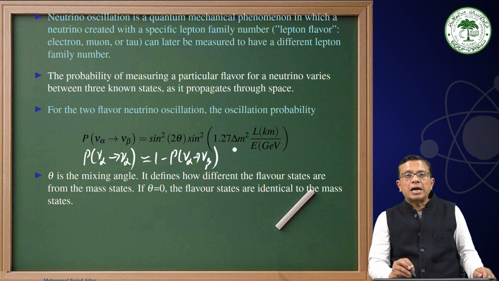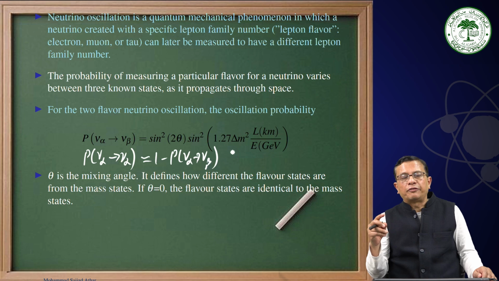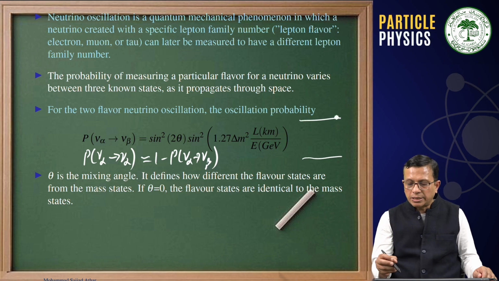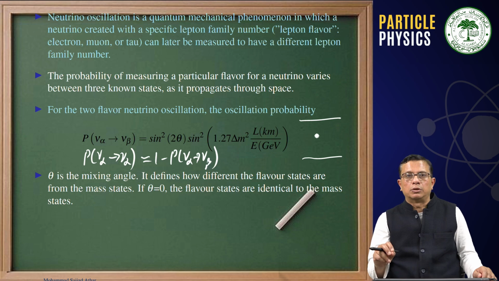Or if delta m square is 0, then also the oscillation probability of transforming nu alpha to nu beta will be 0. And that is why when I was talking about the difference in the neutrino mass eigenstates, at least one of them should be non-zero. That is when you will have a finite delta m square.